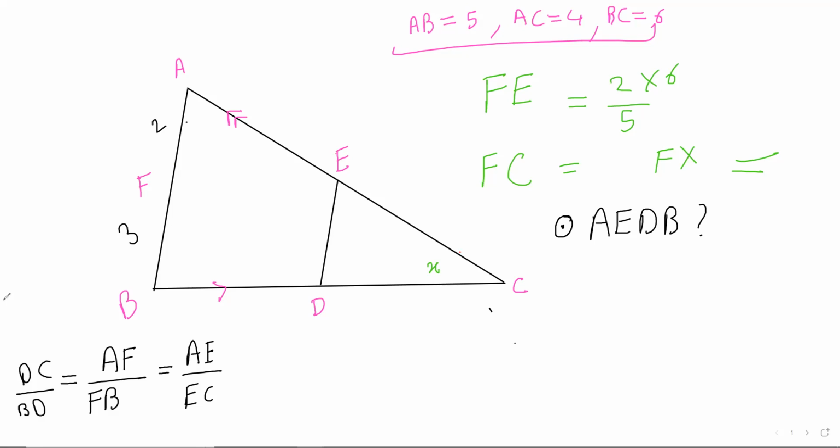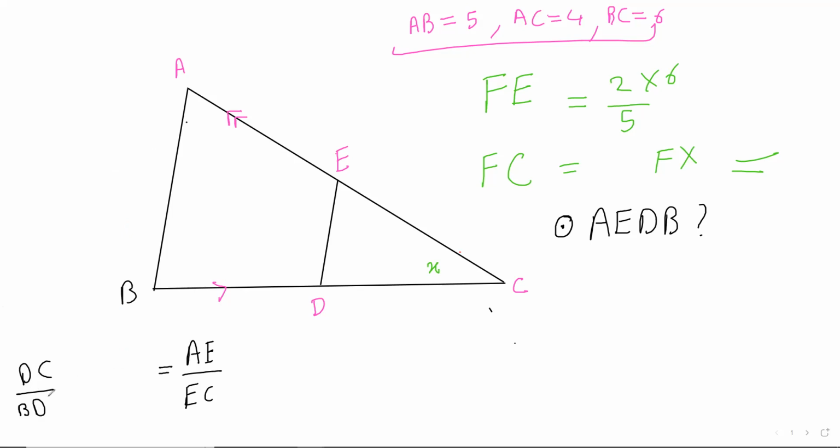So what we have is this. We have this DC by BD equals to AE by EC. So it is not similarity. Right? So at this point, we don't need the F thing. I'm trying to clear up the picture and show you the main thing. ED is not parallel to AB. This is what we're getting, right?